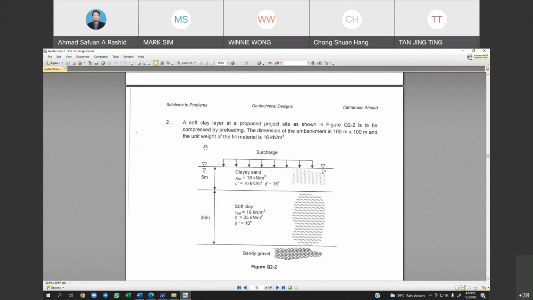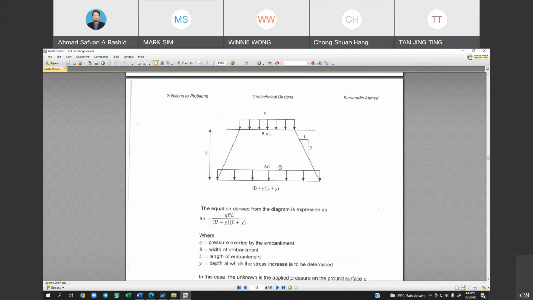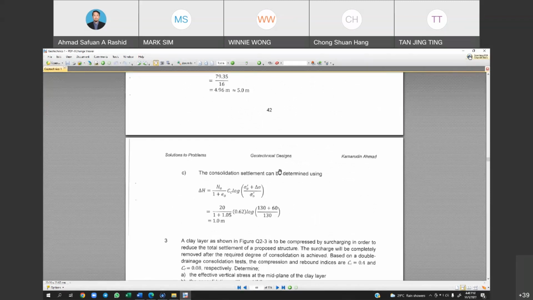So the pre-consolidation pressure is equal to the existing effective vertical stress. Later on we apply the surcharge, so it is a normally consolidated case. I will explain later if we have an over consolidated case.